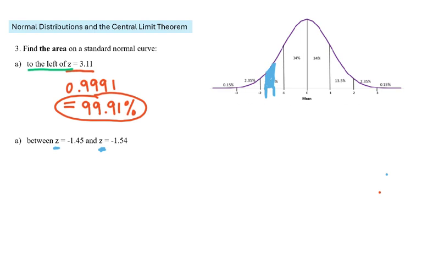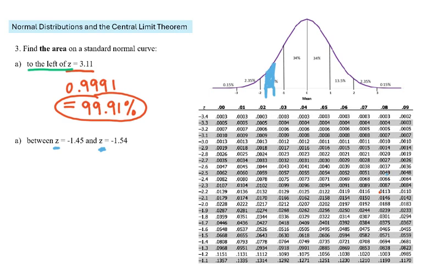Because those numbers are negative, I need the table with negative z numbers. So let me pull that up. Okay, for negative 1.45, I will find the number. Looks like 0.0735.